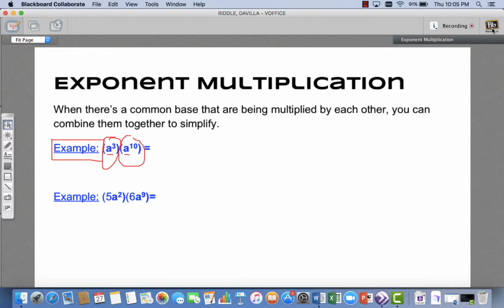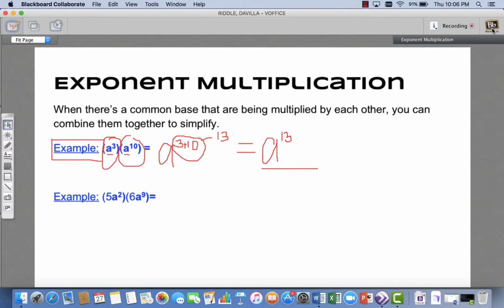The rule says that when the bases are the same, you can just add the exponents together. So this can be rewritten as a to the power of 3 plus 10. 3 plus 10 is equal to 13, so this can be rewritten as a to the 13th power, which is your answer.